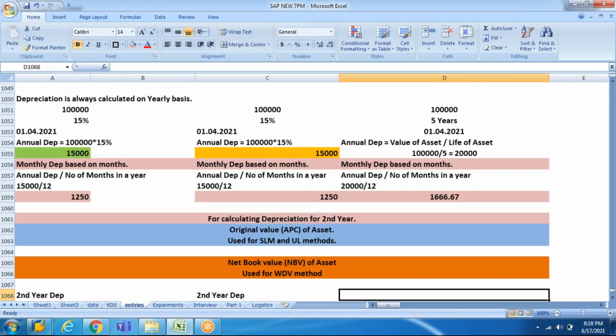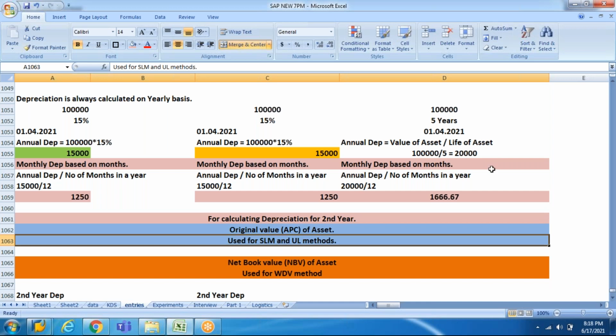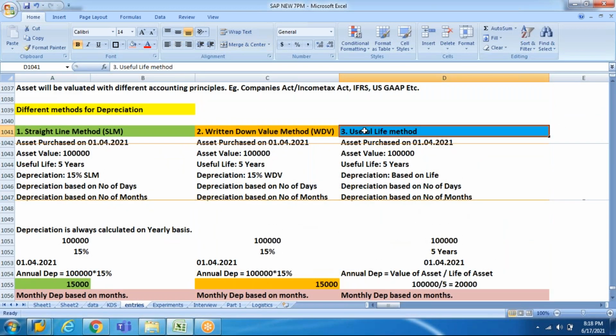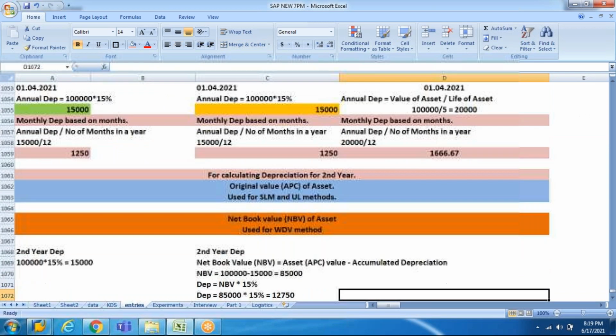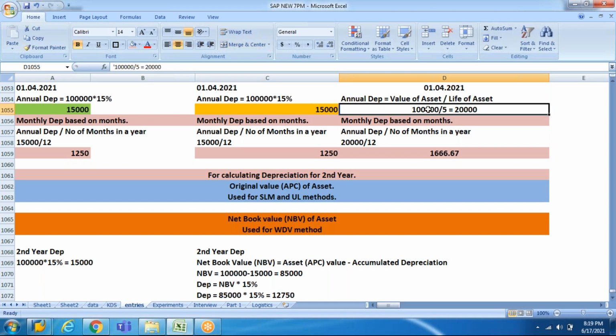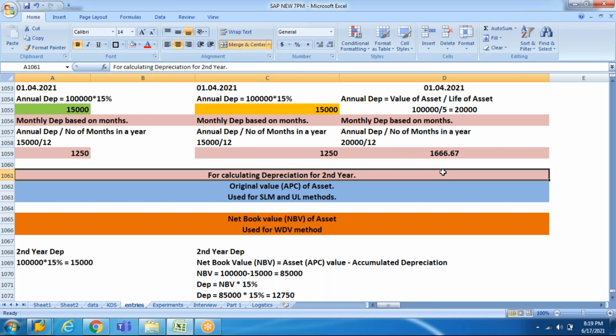And for the second year, if the life is UL, useful life, let me put UL here also. We don't call it UL method, that's why I did not write it, but that's okay. If it is the useful life method, it is based on what? Original value of the asset, which means the same logic again. So what will be the depreciation for the second year?